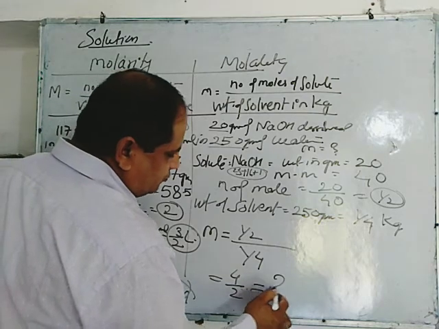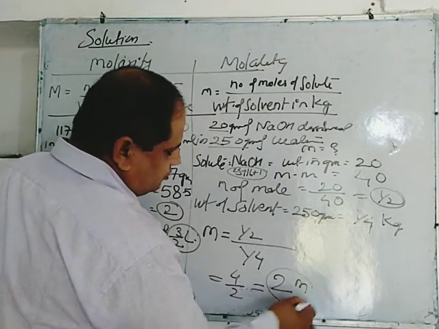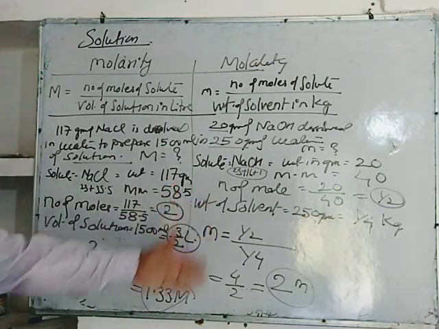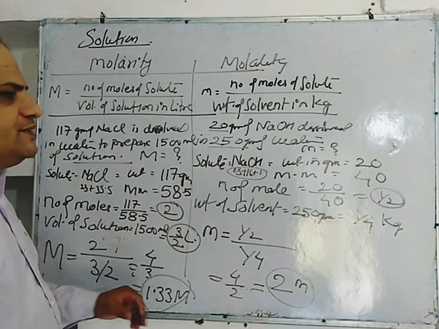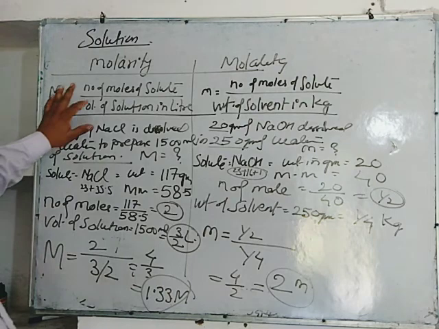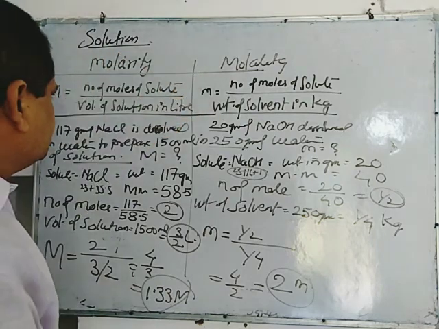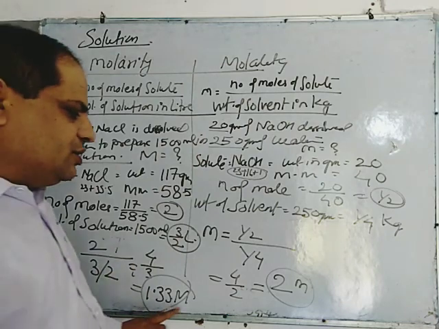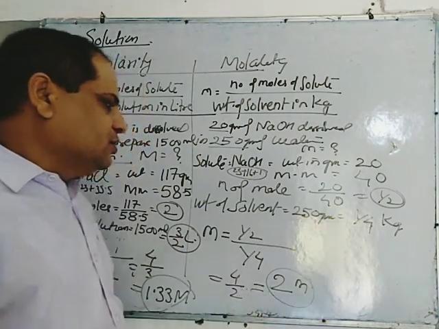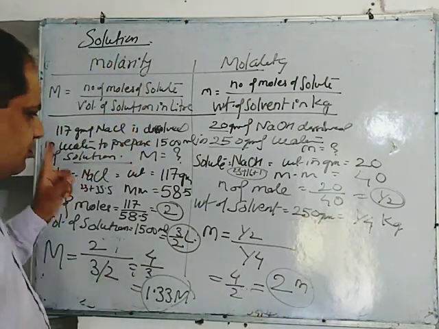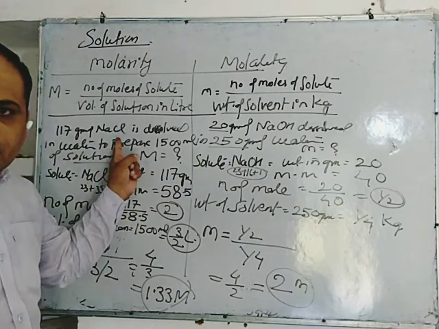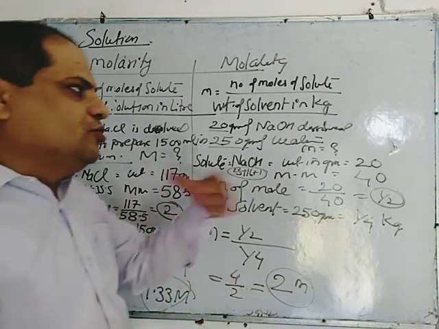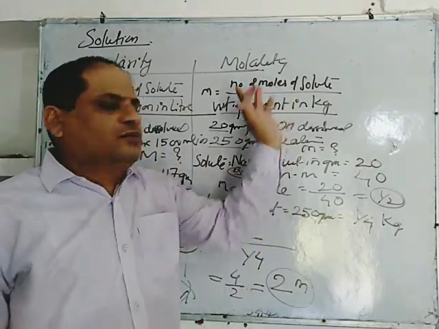This will be equal to 2 m, 2 mole per kg. So this is the molality. If you want to differentiate: first, the definition is different; second, the symbol is different; third, its unit is mole per liter, and its unit is mole per kg. Fourth, when the temperature is increased, molarity always decreases, but there is no effect of temperature on molality.